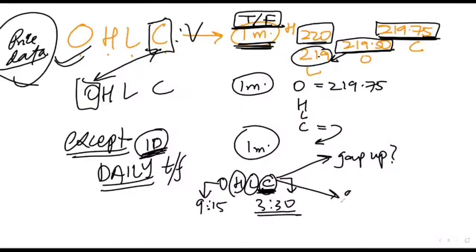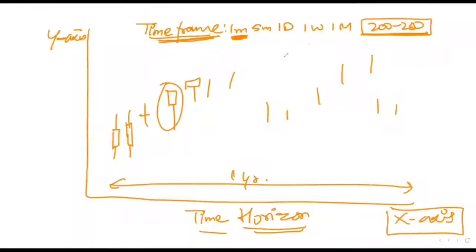Or it opens gap down. The first trade which happens at 9:15 can be very high compared to the close of the previous day, and it can be very low also. Thereby, you will have gaps in the candles, if it is a daily time frame, not 1 minute, 5 minute, or 1 week.